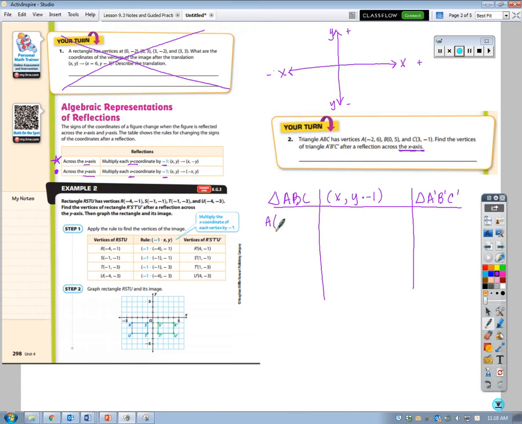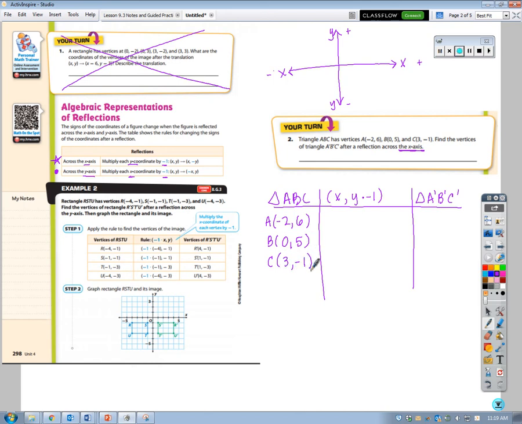A is negative 2 and 6. B is 0 and 5. Sorry. C is 3 and negative 1.